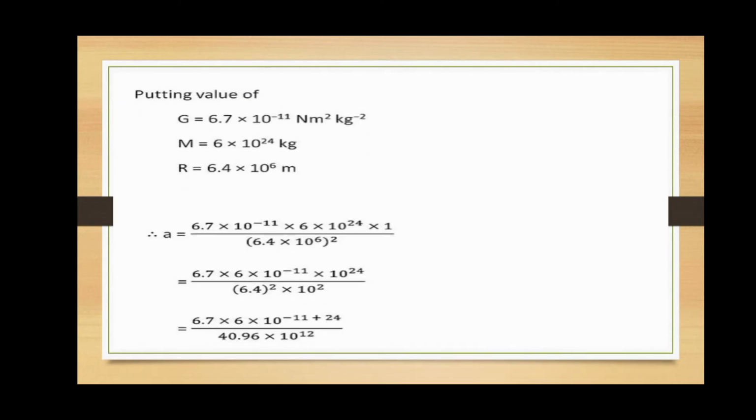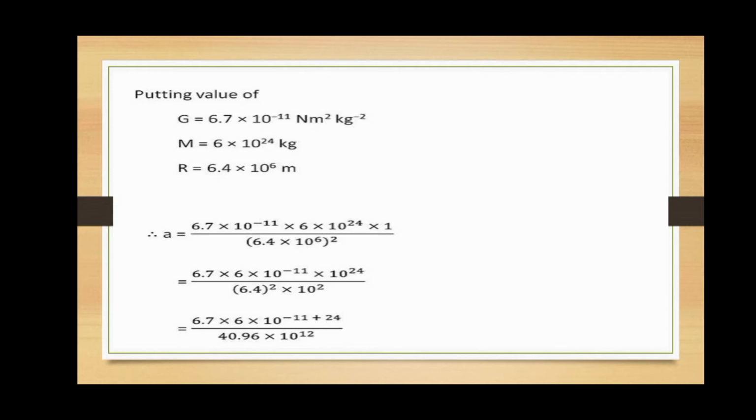Putting in the values, we know that the universal gravitational constant G is equal to 6.7 into 10 raised to minus 11 Newton meter square kilogram raised to minus 2, and M is the mass of Earth, which is 6 into 10 raised to 24 kilogram, and the radius of Earth is equal to 6.4 into 10 raised to 6 meter.